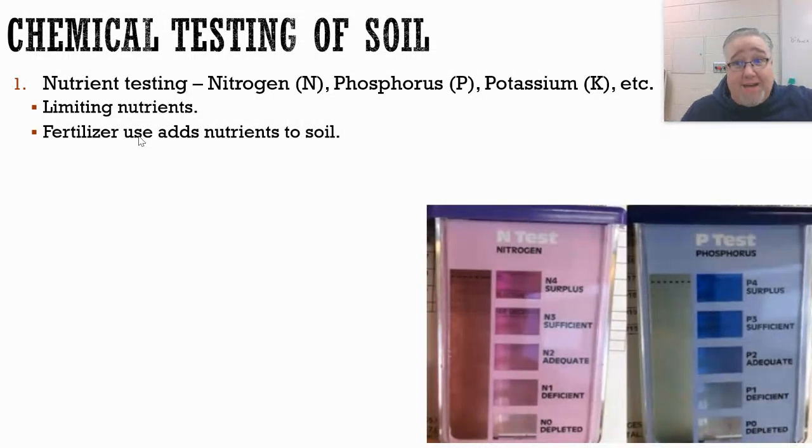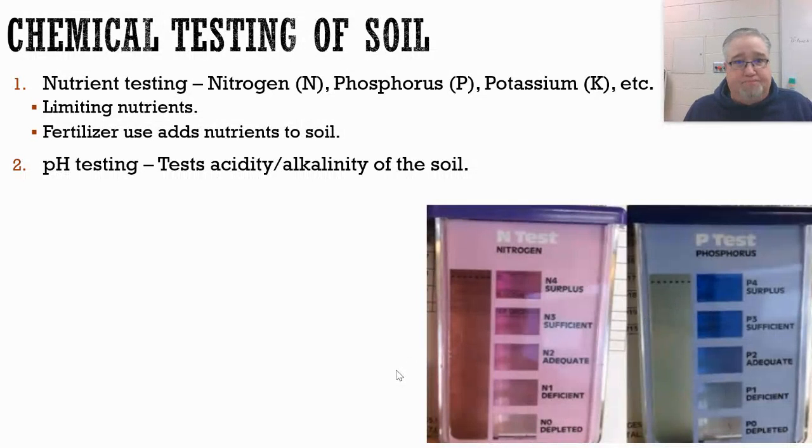So you would have to add nitrogen, done again through a fertilizer. If you test your soil and there are very high levels of these things, then chances are fertilizer has already been added to the soil and you don't need to add any more. So that's an important thing to know before you plant anything in the soil.